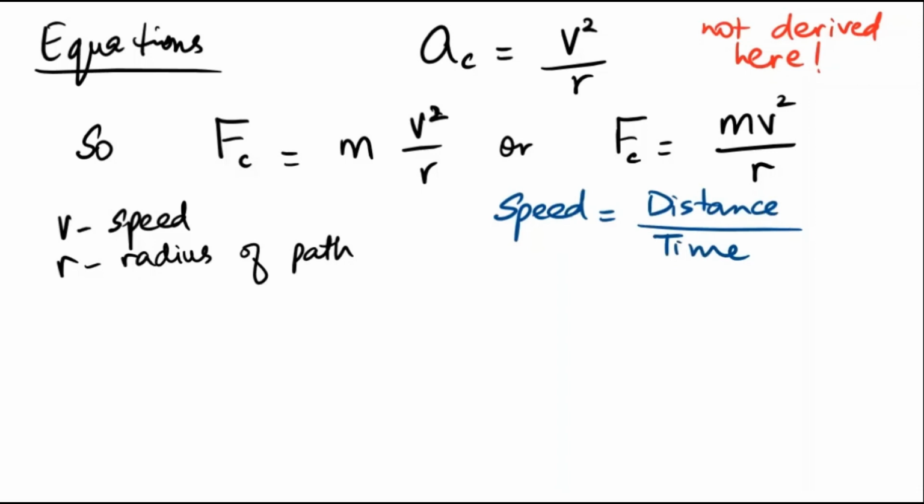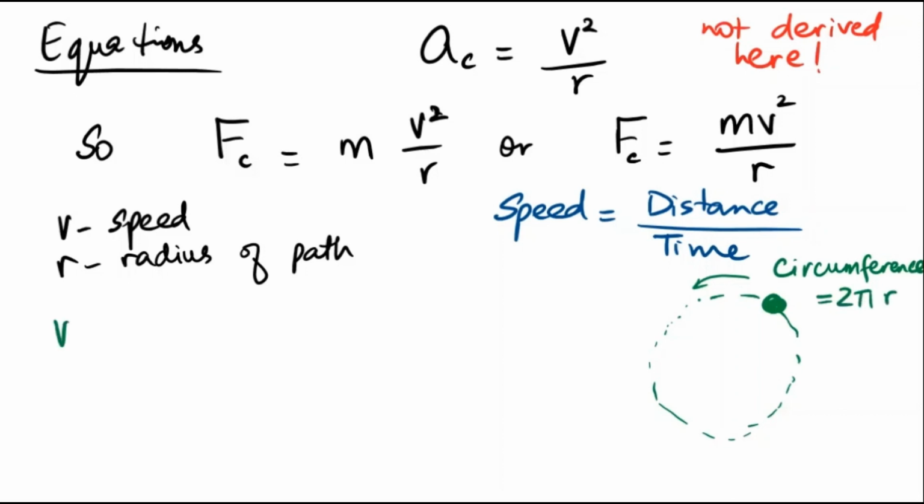If an object is moving in a circle, it's actually traveling around the circle. And if you remember, the distance that it travels around the circle is called the circumference. We are going to introduce another term for the time that it takes to move around the circle.